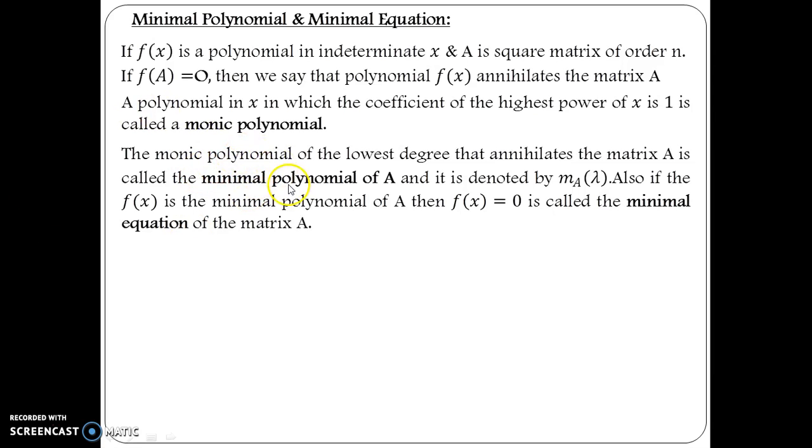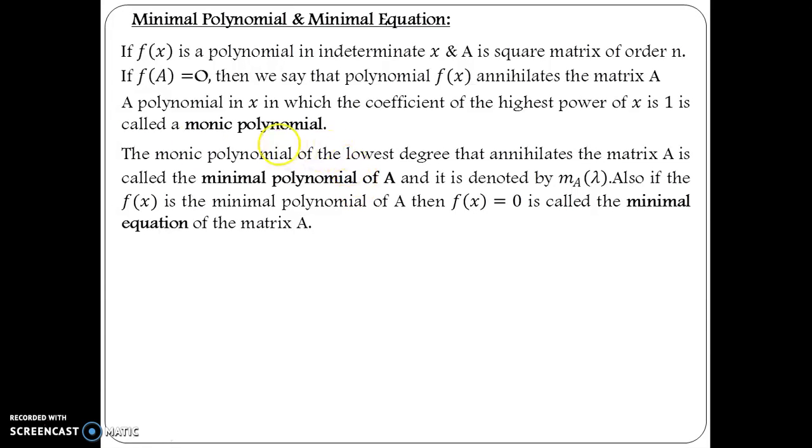Now, what is a minimal polynomial? The monic polynomial of the lowest degree that annihilates the matrix A is called the minimal polynomial. So the first thing is that your polynomial should be monic, it should be of the lowest degree, and it should annihilate.